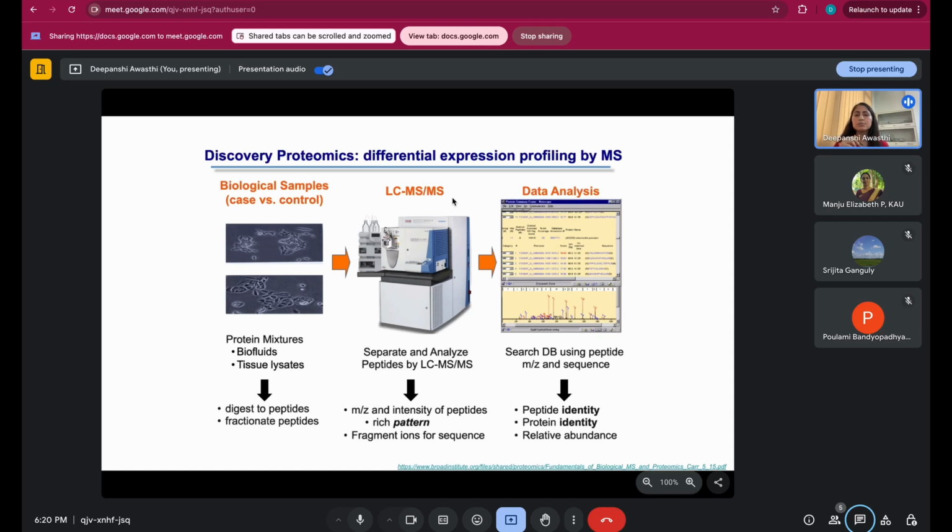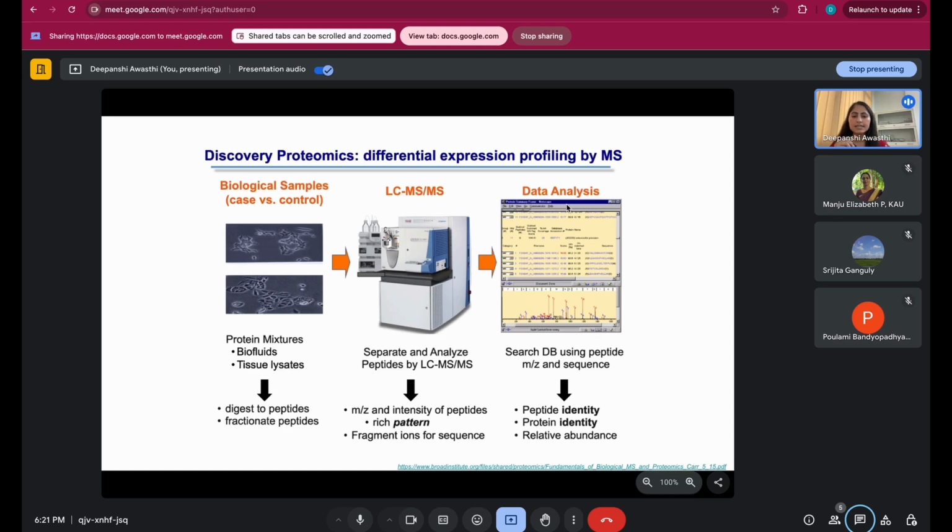At each step we perform some kind of selection, choosing some mass to charge ratios. We see that all these peptides have the same mass to charge ratio, so we pass them through the second mass analyzer. In the second step they ionize into smaller fragments, so even if we have peptides of similar mass to charge ratios, in the second round we will be able to detect them properly, because they could be different peptide sequences. In that way tandem mass spectrometry helps to increase the resolution, and the distinguishing ability also increases.